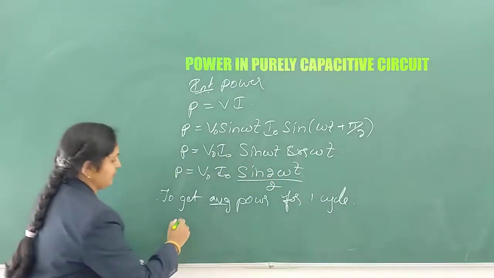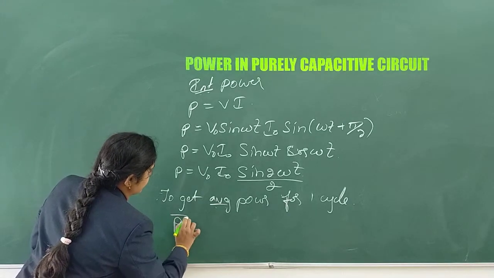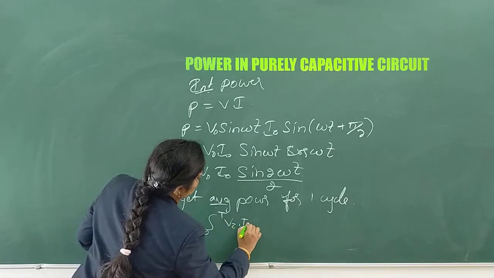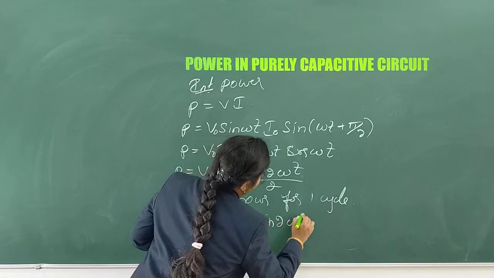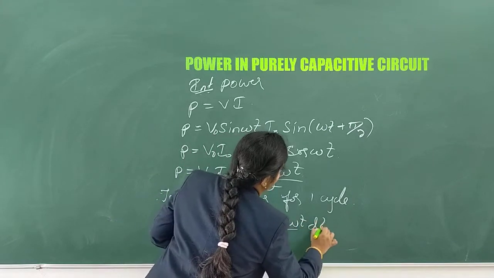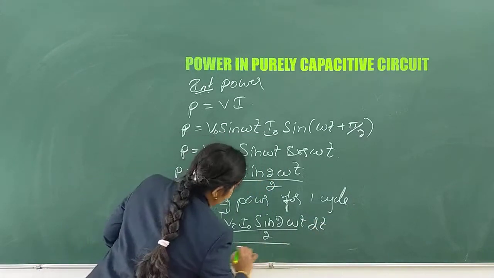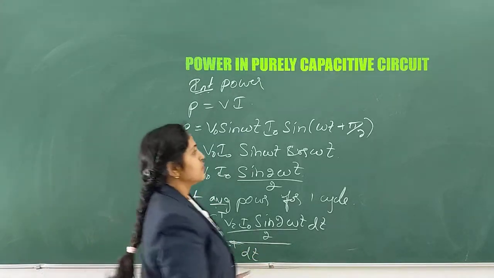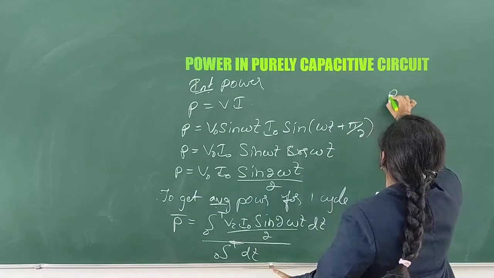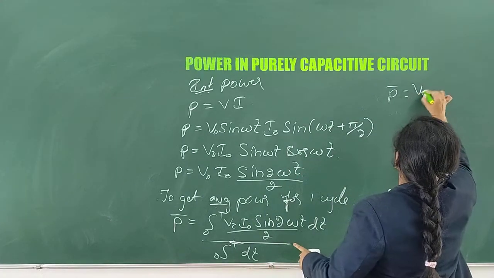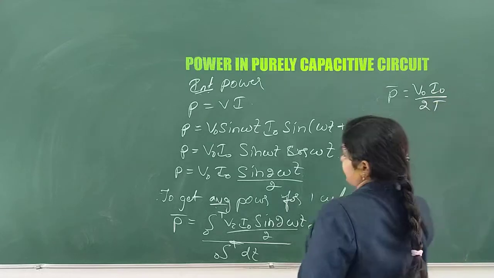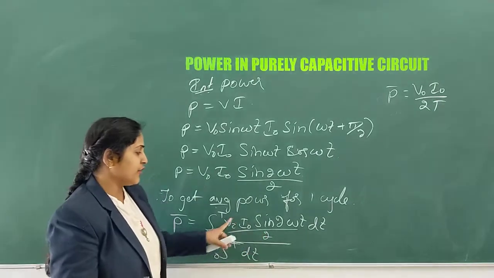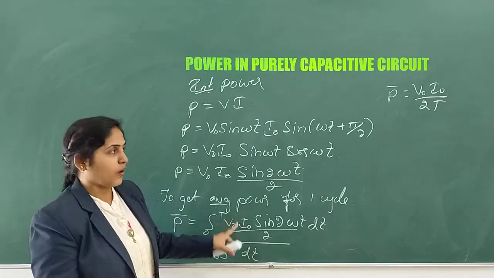If we integrate, the average power will be equal to the integration from 0 to T of V naught I naught sin 2 omega t divided by 2 with respect to dt, divided by the integration from 0 to T of dt. So on integrating this, the denominator gives T, and I have taken this half also, V naught I naught by 2, outside as common.